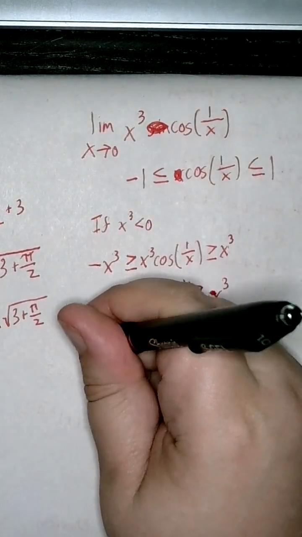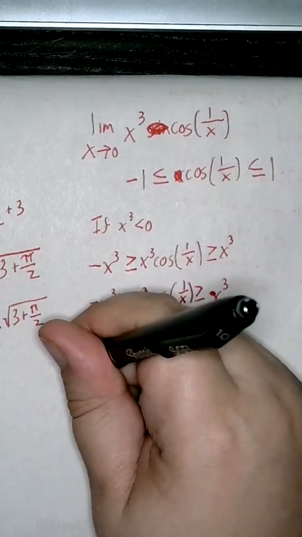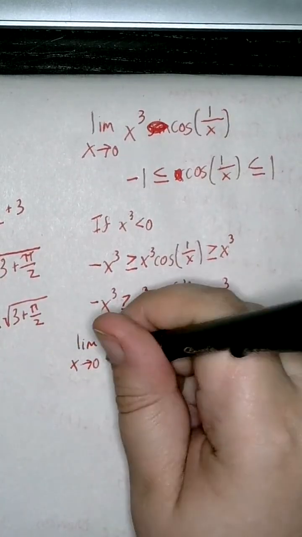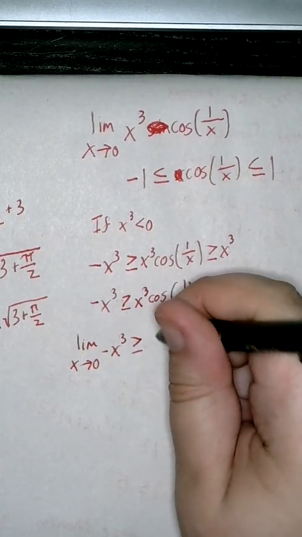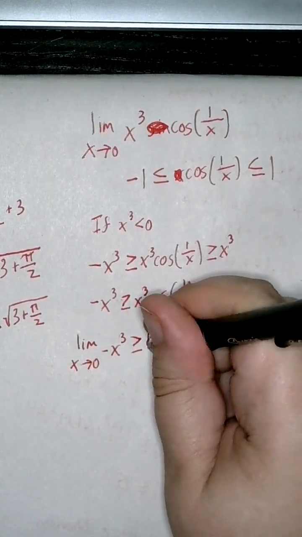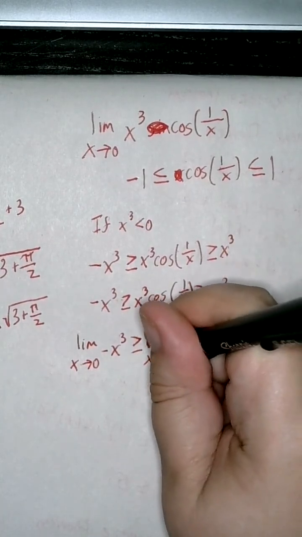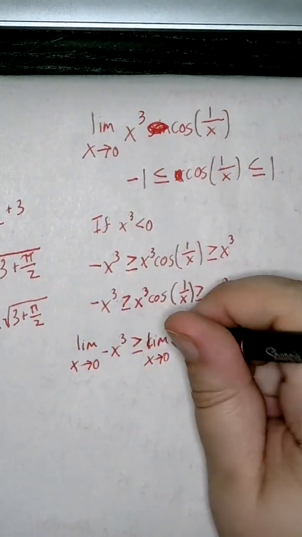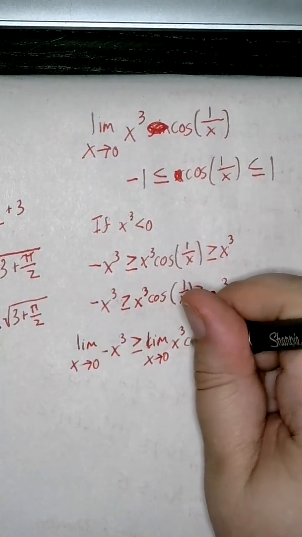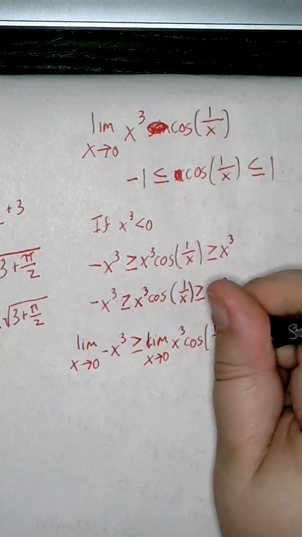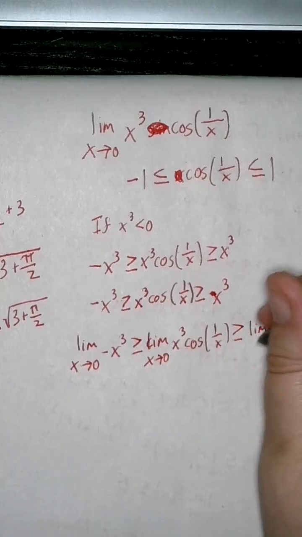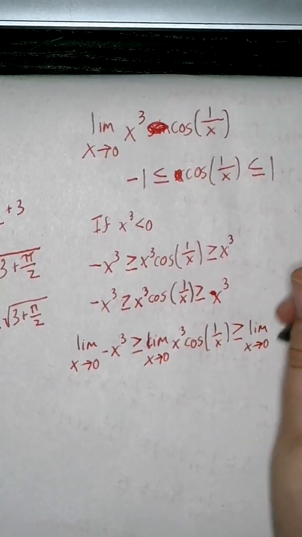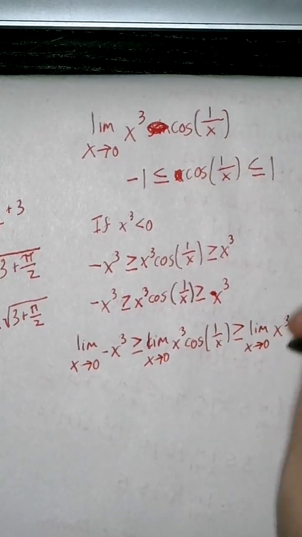So I have the limit as x approaches 0 of negative x cubed is greater than or equal to the limit as x approaches 0 of x cubed times the cosine of 1 over x, which is greater than or equal to the limit as x approaches 0 of x cubed.